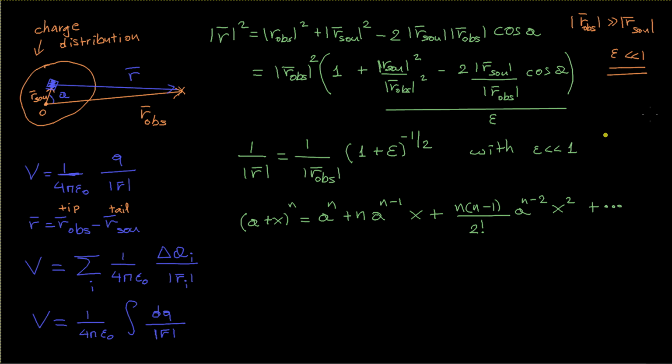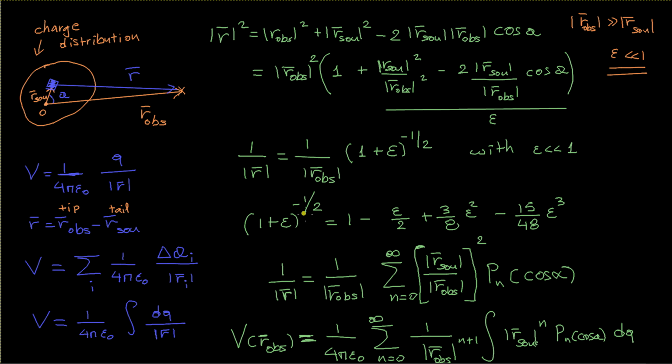We call this the binomial expansion: when I have a plus x to the power of n, the binomial expansion is given by this expression. When you apply it with a equal to 1, x equal to epsilon, and n equal to minus 1 over 2, what you get is this.